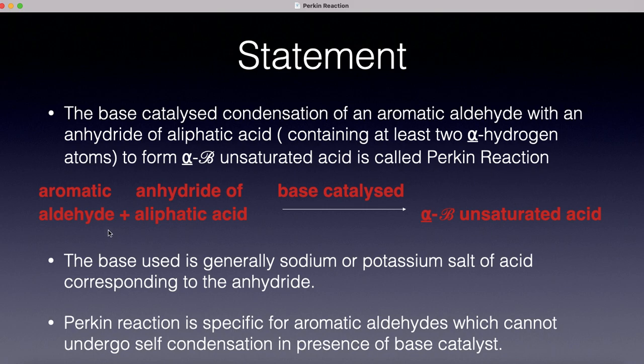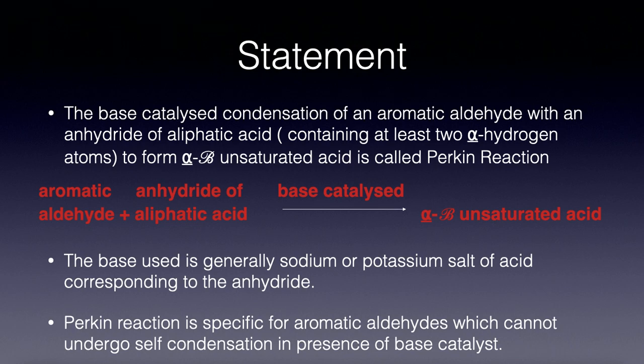In this reaction, the reactant is the aromatic aldehyde, while the second reactant is the anhydride of the aliphatic acid. The necessary condition for Perkin reaction is that this anhydride contains at least two alpha hydrogen atoms.